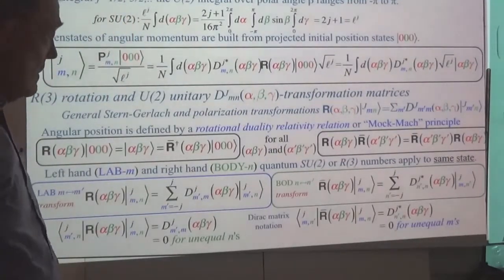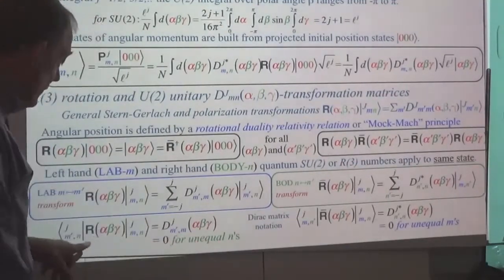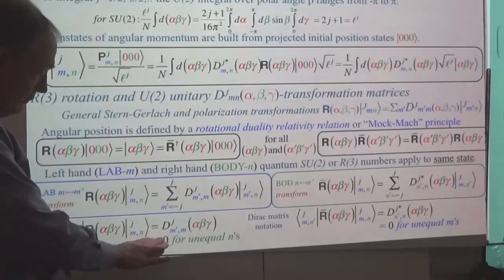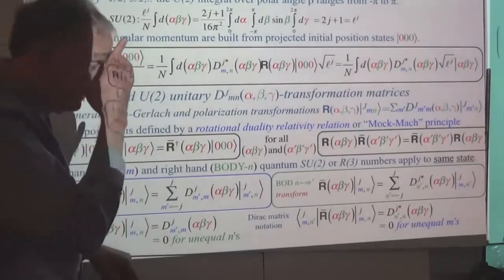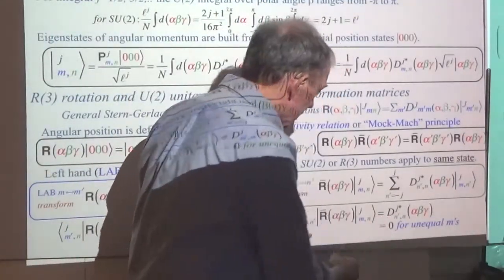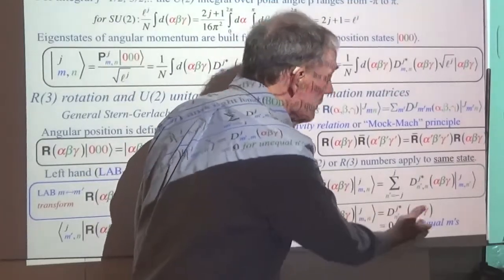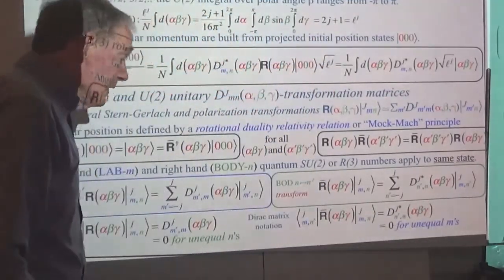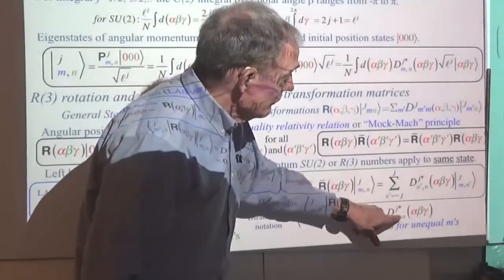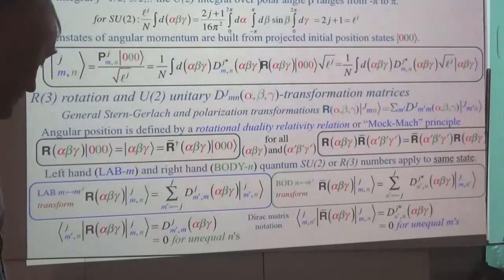Moreover, this will be 0 if there are unequal N's. In other words, if this N isn't equal to that N, 0 is what you get for this. And that's part of this Mach principle. And over here, the M's have to be equal in order for us to get a non-zero result, which would be the same function, D j, but now involving the N values in place there.